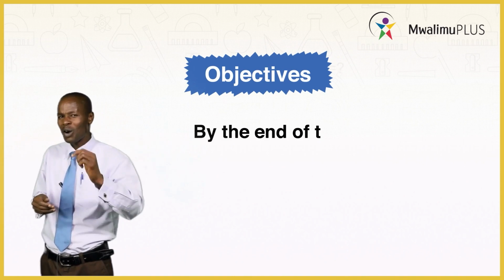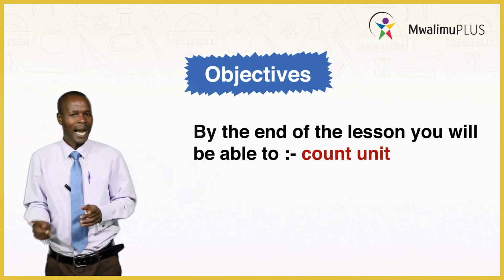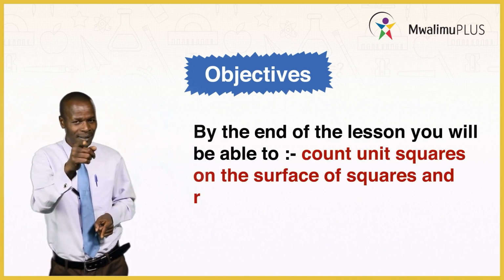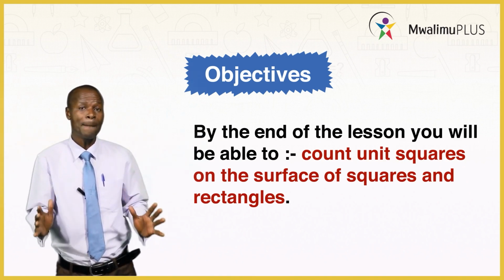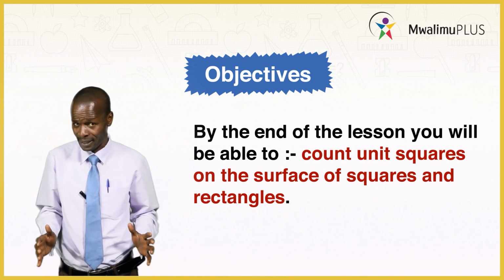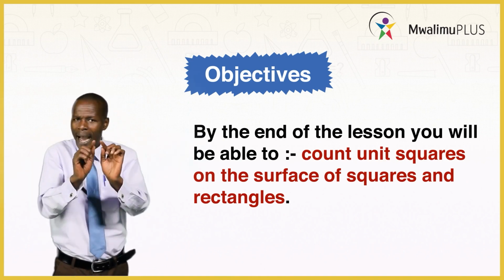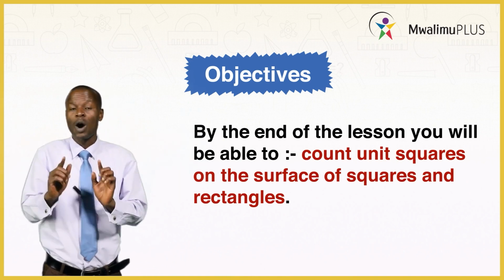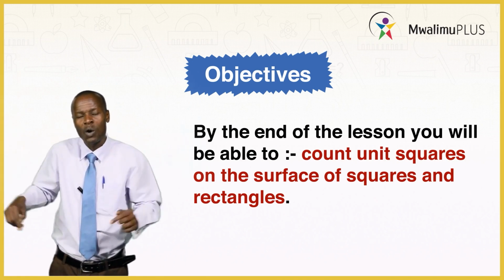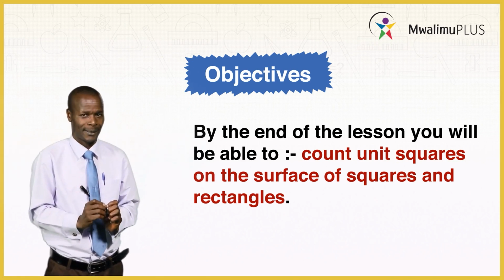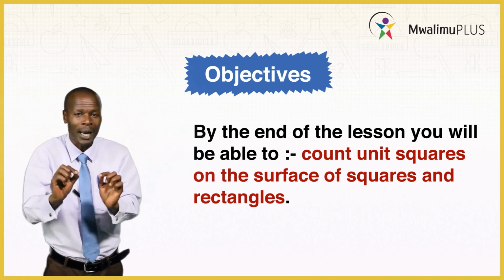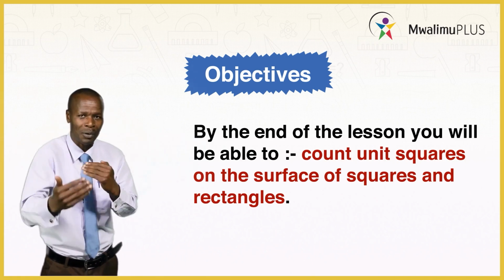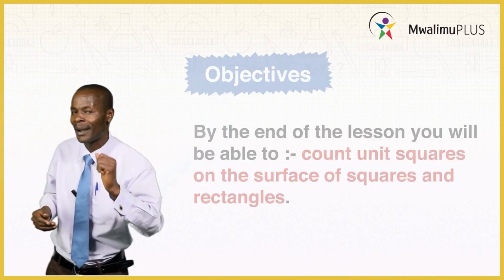Now, at the end of this lesson, I want you to be able to count the number of unit squares in either a square or a rectangle. I'm going to let you know what a unit square looks like as we progress. Now, let me begin there.